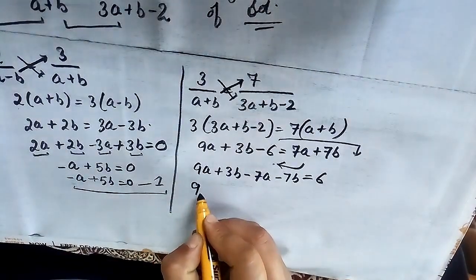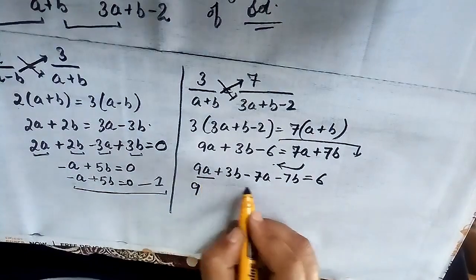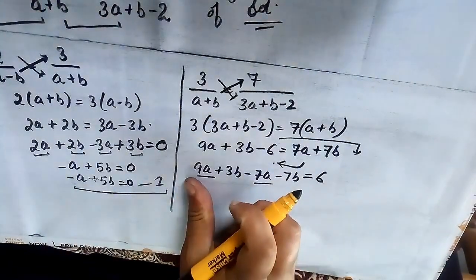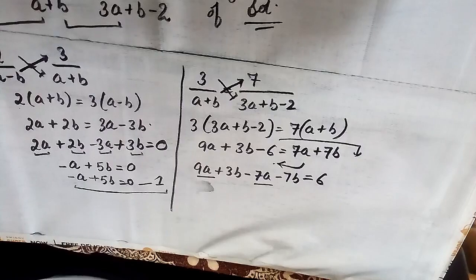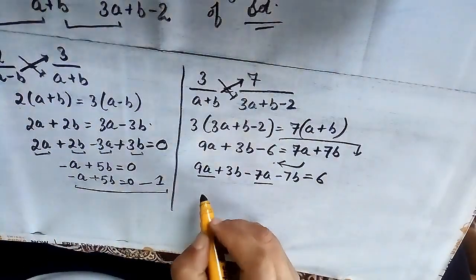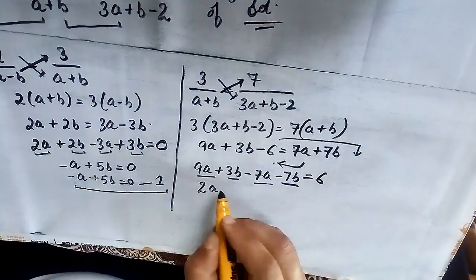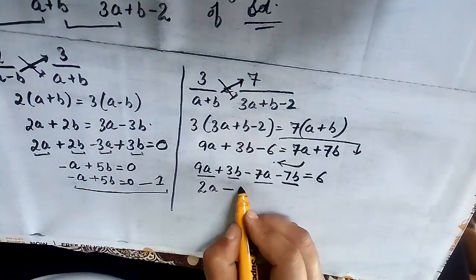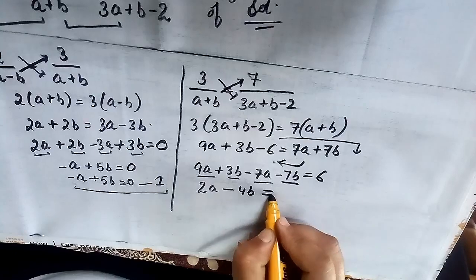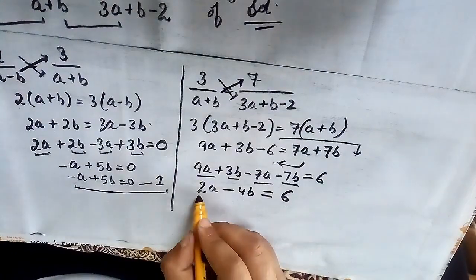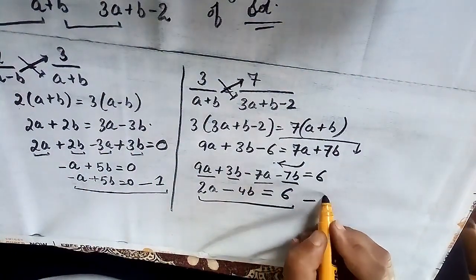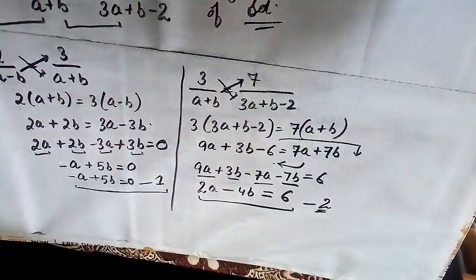Now 9 minus 7 will be 2a. Then 3 minus 7 will be minus 4b, and this whole equals 6. That is your second equation.